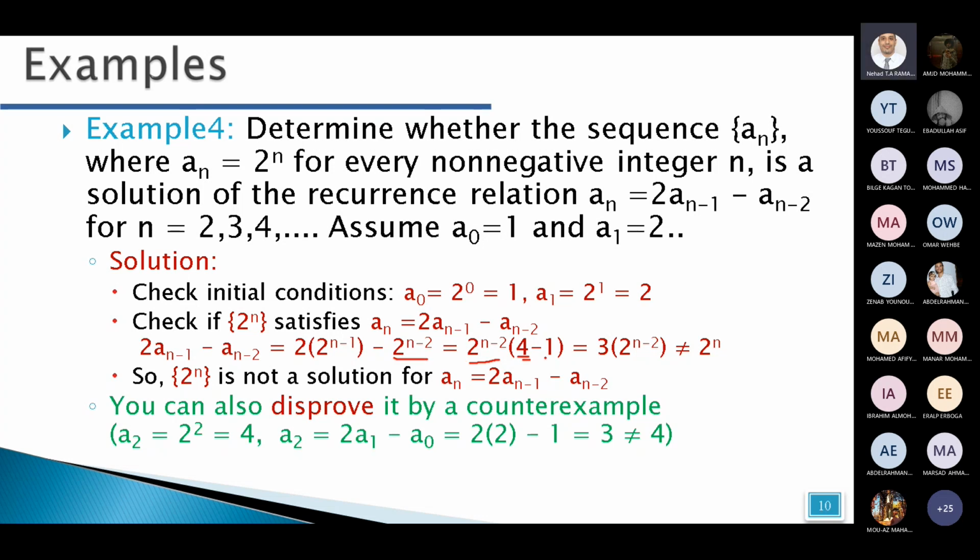Here you have 1. When you subtract, it's 3 multiplied by 2 power n minus 2.